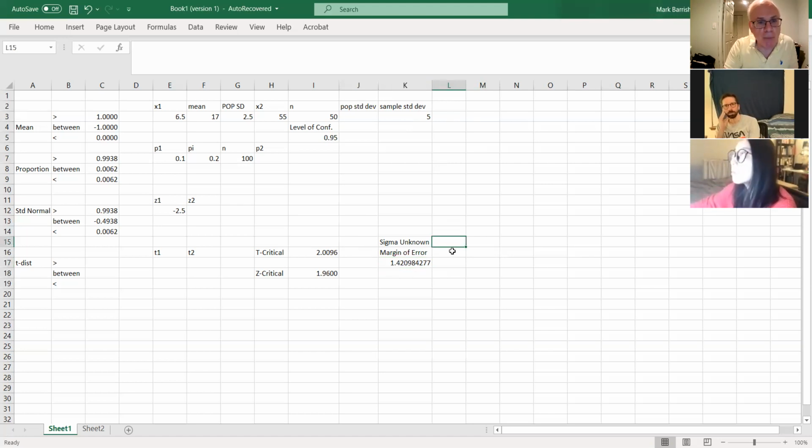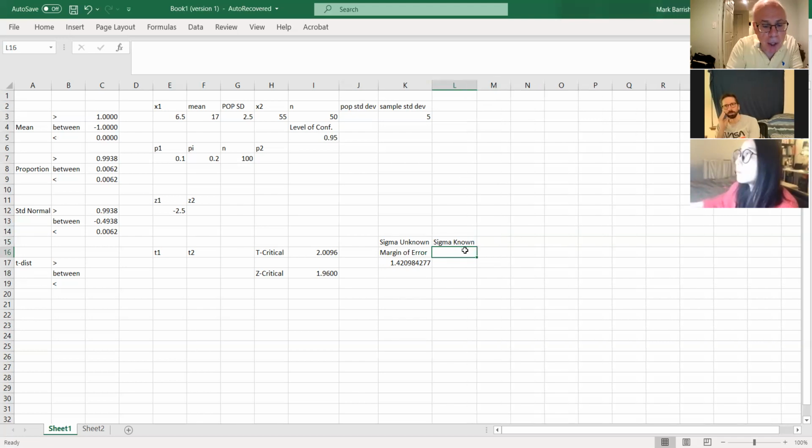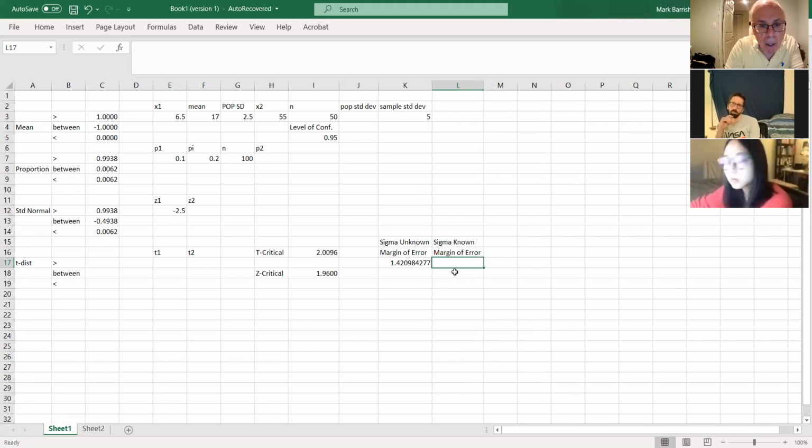What if we know sigma? Sigma known. Now, the problem gives us the population standard deviation. What is the margin of error? That's going to be equal to the critical value. Now, which critical value are we going to use?